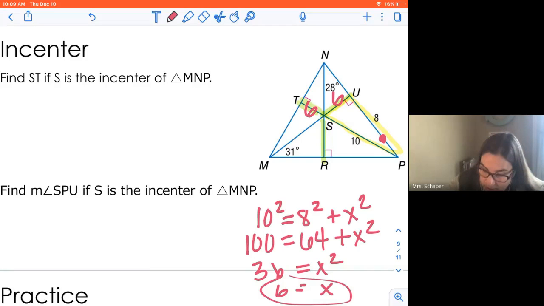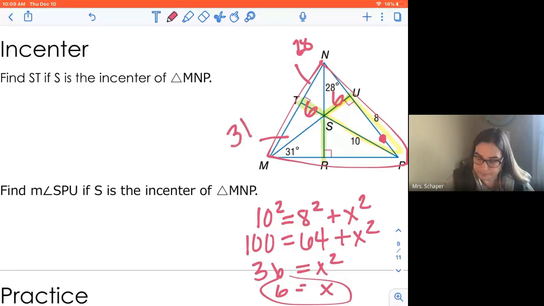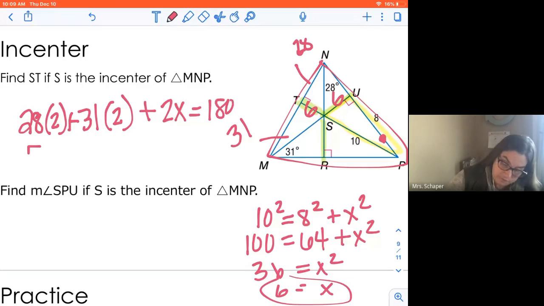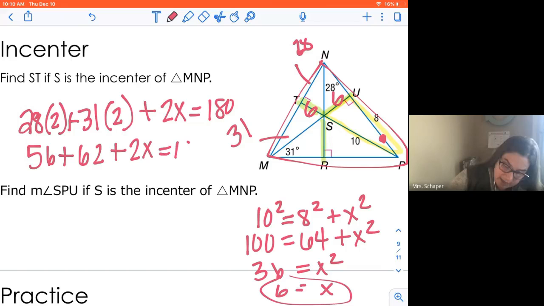Well, I have a triangle. And so I know that these are all bisectors. So I have 28 and 28 up here. And I have 31 and 31 right here. So 28 times 2 plus 31 times 2 plus 2 times x equals 180 degrees. 56 plus 62 plus 2x is 180.